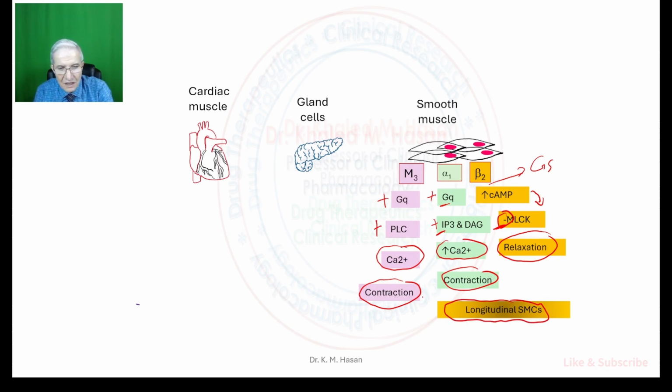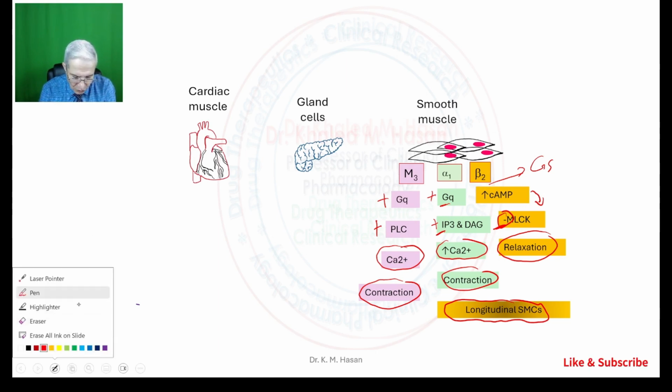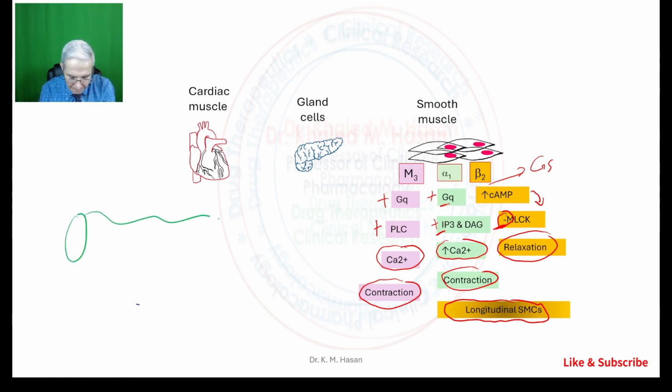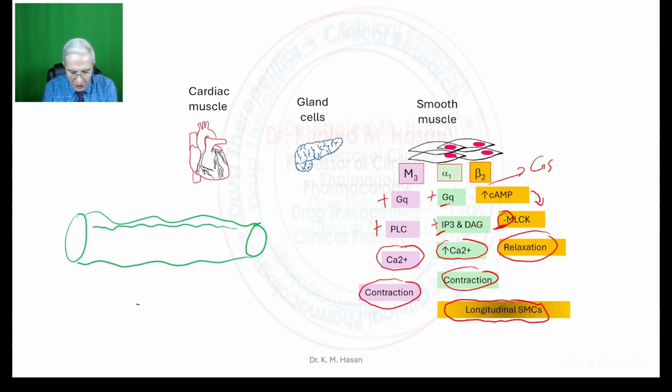We also need to differentiate between two types of smooth muscles. If you speak about the intestine or the colon, in the colon we have something called longitudinal muscle. This is longitudinal muscle.